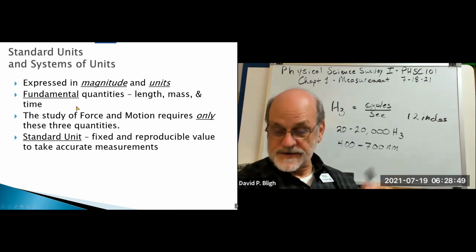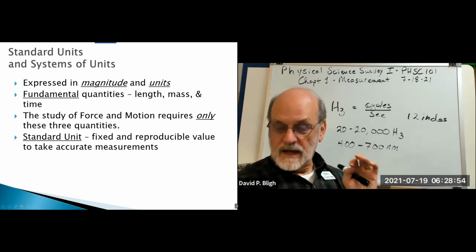And time is seconds. Those are fundamental units. And there are some others, but the focus here is on the fundamental unit, and then every other unit of measure can be derived from those fundamental units.